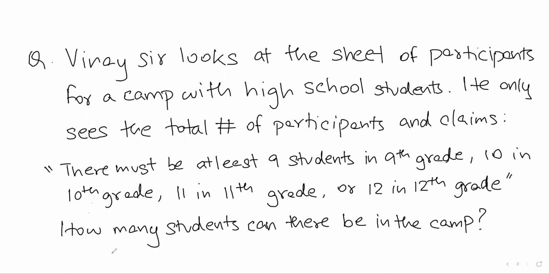So I also got 42. But earlier I had considered cases like only one takes place, only two take place, only three take place, and all the four take place. But because there's an or, you can only limit yourself to one condition at a time, and the least number of students in that condition. So it's 9 plus 10 plus 11 plus 12.